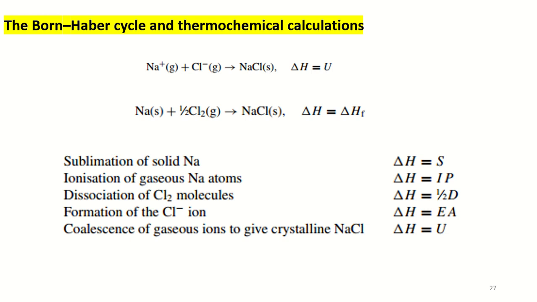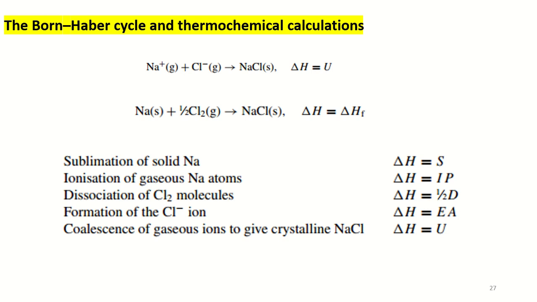And dissociation of Cl2 molecules into Cl, so this is the dissociation energy we need to provide. Formation of Cl negative ion, actually this is the electron affinity. And coalescence of gaseous ions to give crystalline sodium chloride, which is the lattice energy.